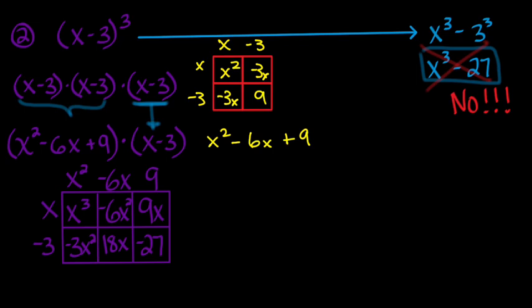Then I have x squared times negative 3, and negative 3 times negative 6x is a positive 18x. Negative 3 and 9 is negative 27.